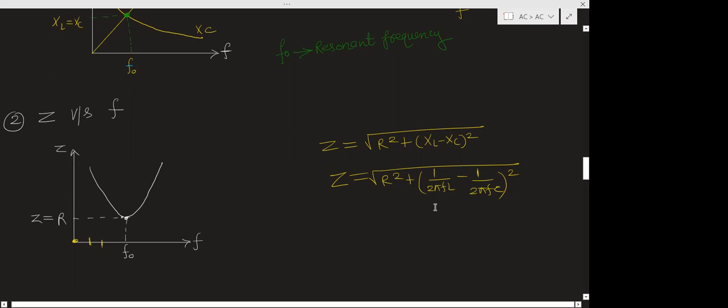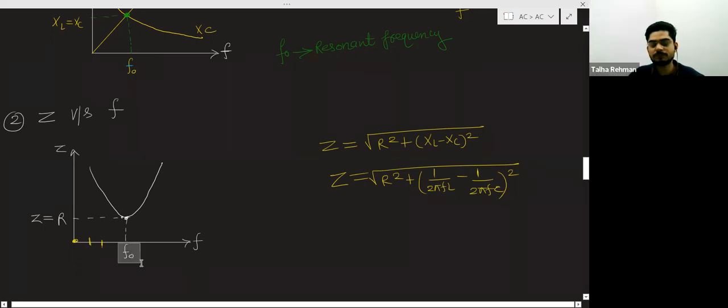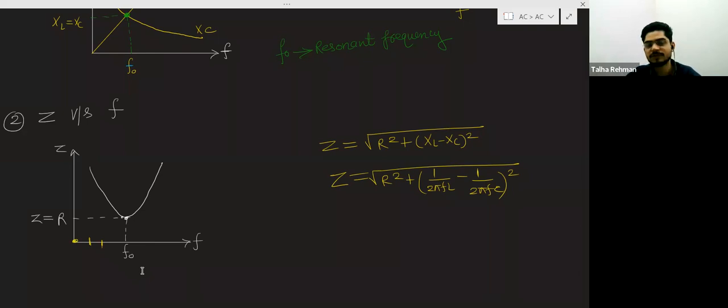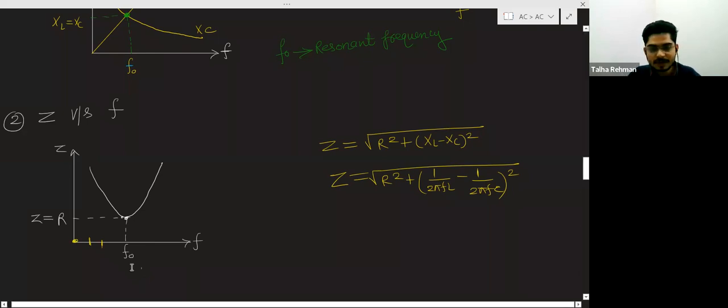Beyond this resonant frequency, f naught is the resonant frequency. When you increase the frequency beyond f naught, I will explain in a different way.